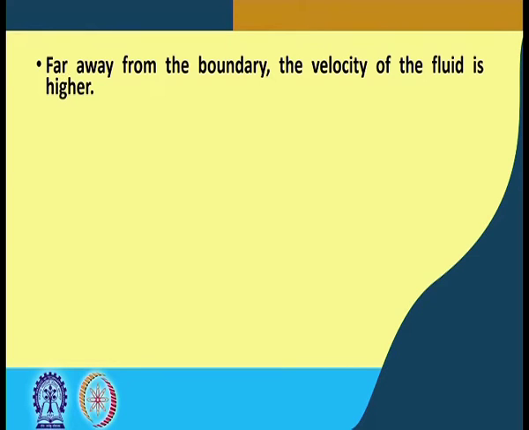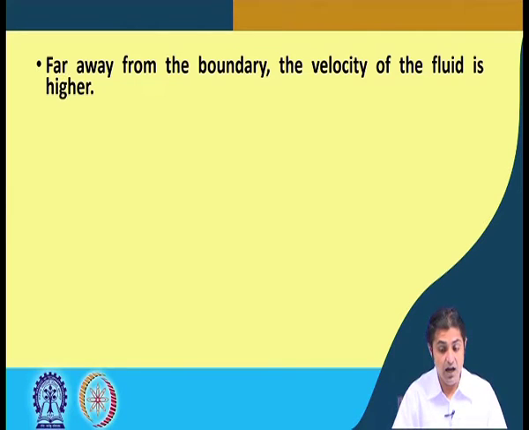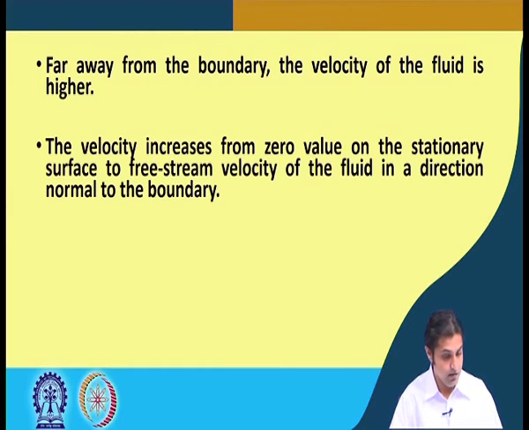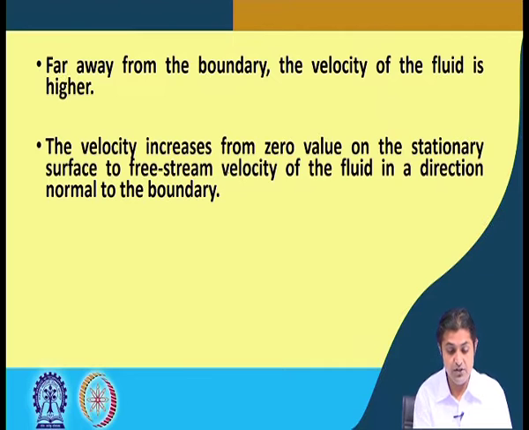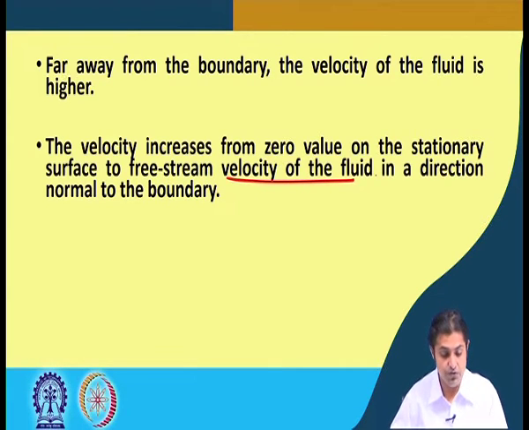So what happens is, far away from the boundary, the velocity of the fluid is higher, and the velocity increases from 0 on the stationary surface to the free stream velocity of the fluid in the direction normal to the boundary. That happens when the surface is stationary.